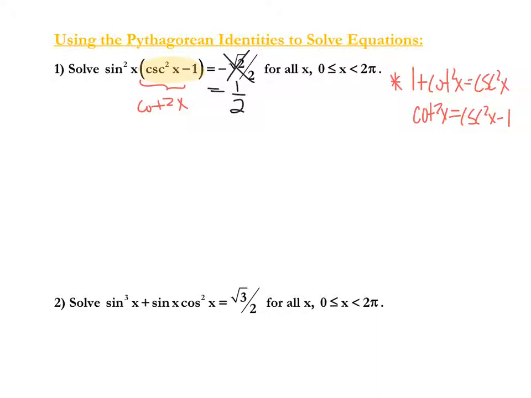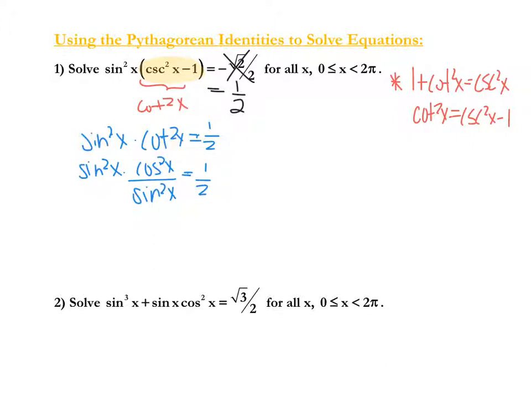Okay, so now we have sine squared times cotangent squared, and we're going to use our reciprocal identities from yesterday. So sine squared times cosine squared over sine squared.